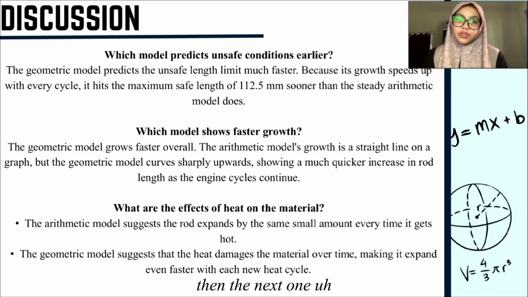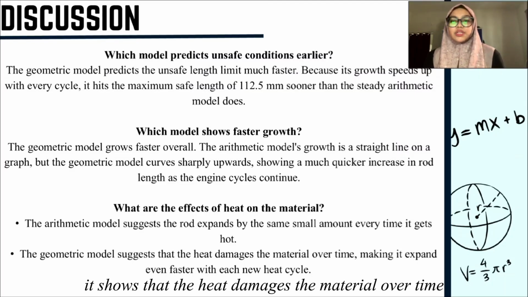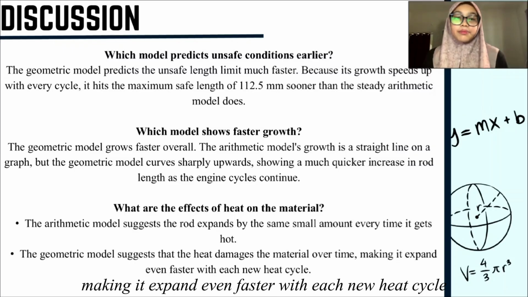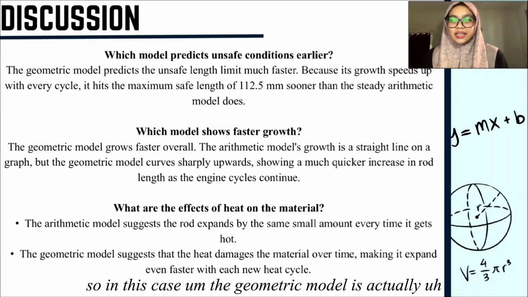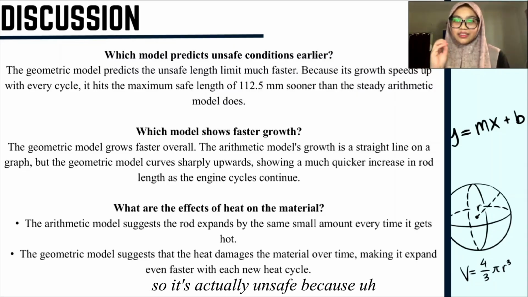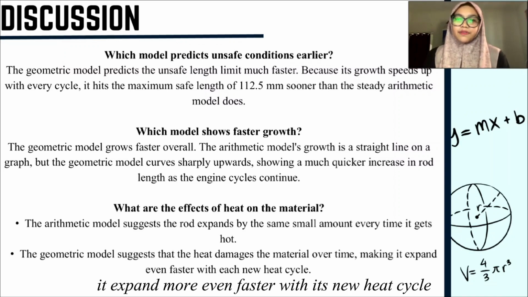As for the geometric model, it shows that the heat damages the material over time, making it expand even faster with each new heat cycle. So in this case, the geometric model is actually unsafe because it expands even faster with each new heat cycle.